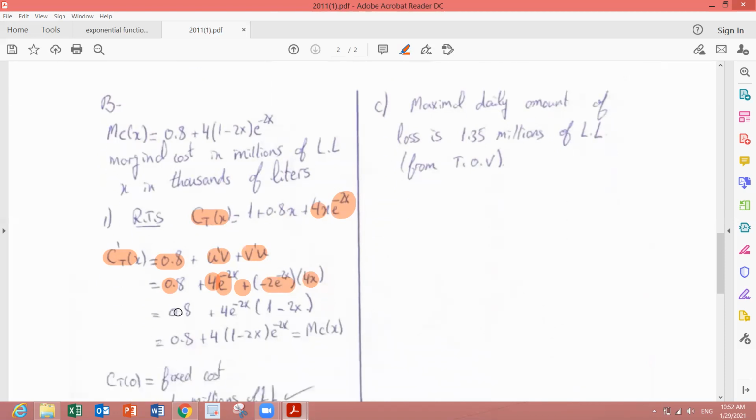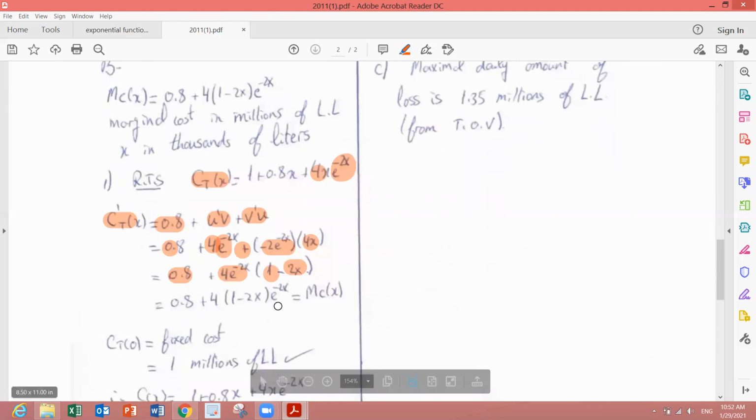It is equal 0.8. I can expand this or I can take 4e power minus 2x common. Here remains 1, and here remains minus 2x. So we get 0.8. I can write it 4 into 1 minus 2x e power minus 2x, which is equal to the marginal cost.